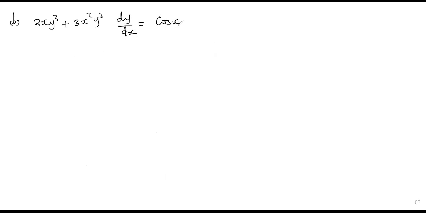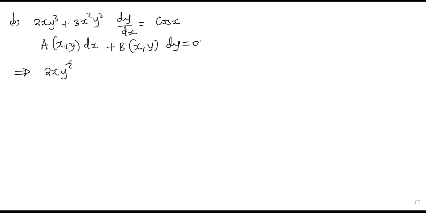Still, you need to bring this one, because our differential equation must be in the form A(x,y) dx plus B(x,y) dy equal to 0, implying that we must bring this cos x to this side, so that we get 2xy cubed minus cos x, then plus 3x squared y squared dy/dx, and this should be equal to 0. So we can multiply dx through.